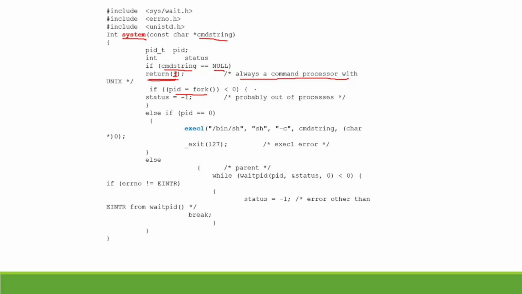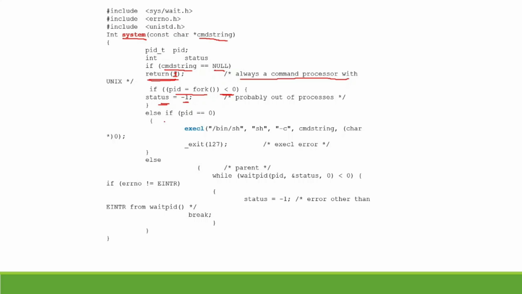So two copies of this process will be created. One goes to the parent and one goes to the child, as we all know how the fork system call works. This checks the return value of fork: if it is less than 0, then I return the status as -1. So this is a fork error.